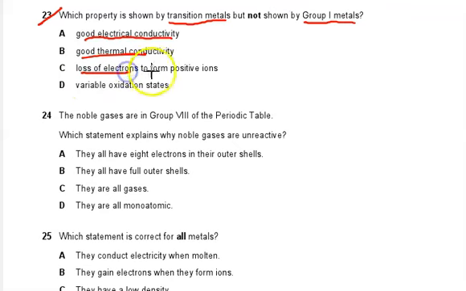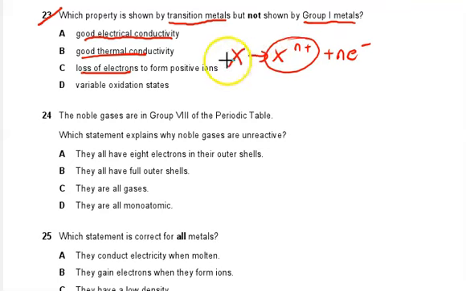They lose electrons to form positive ions. Yes, all metals will lose electrons and form positive ions. This applies to transition metals as well as group 1 metals.